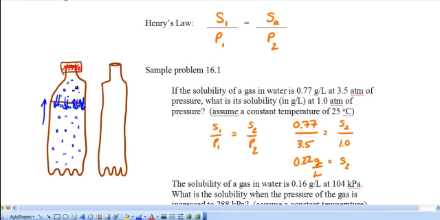Now what happens with pop bottles is that when you buy the pop, you have a high pressure sitting above the pop itself. But as soon as you open up that cap, let me draw in the second one here. Let's say here's our pop there, and we'll put our gaseous particles here.